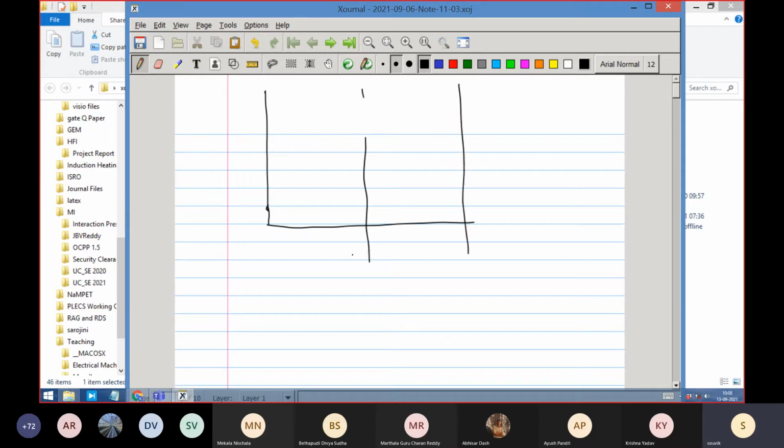So I am drawing one current waveform. The second current waveform, let us draw in another color. Let us say it has to come down here, so it has fallen something like this, and then fallen something like this.